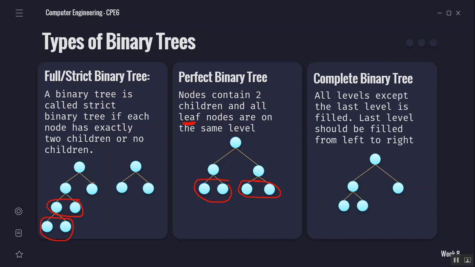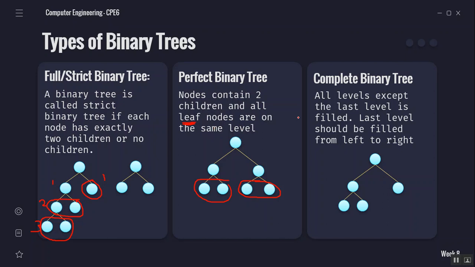If you compare it to the right subtree, the right subtree only has a leaf at level 1. This is level 1, this is level 2, and this is level 3. So this one cannot be considered a perfect binary tree because all of its leaves are not on the same level. Unlike a perfect binary tree, where all leaf nodes are on the same level. So that's the difference between these two.